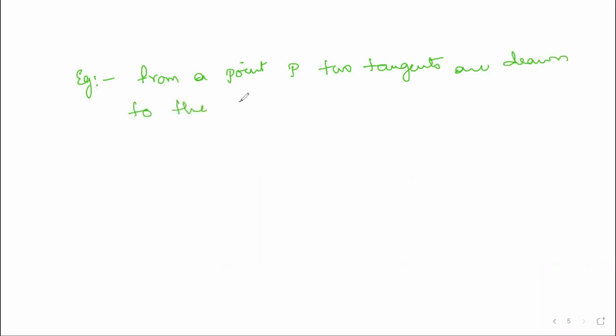So let's see another example. This is also an advanced question. From a point P, two tangents are drawn to the ellipse x square by a square plus y square by b square is equal to 1.